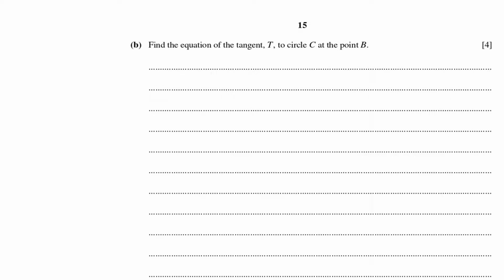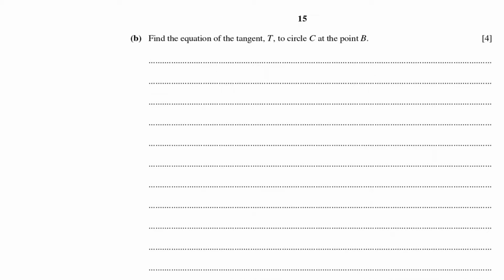Find the equation of the tangent T to circle C at the point B. So here we're saying we have the circle and we have the point B here, and we want to find the equation of the tangent to the curve at B. So this is the situation here.